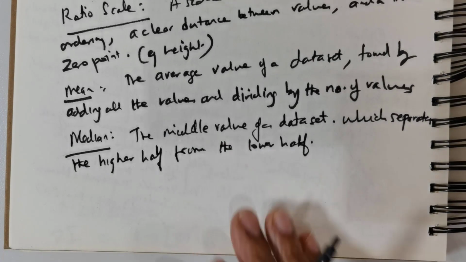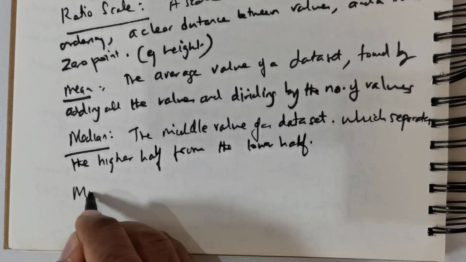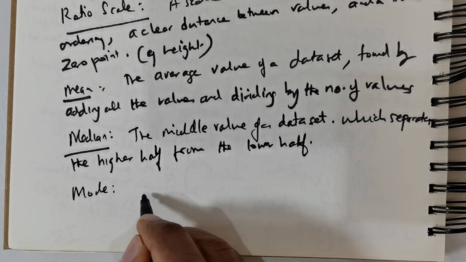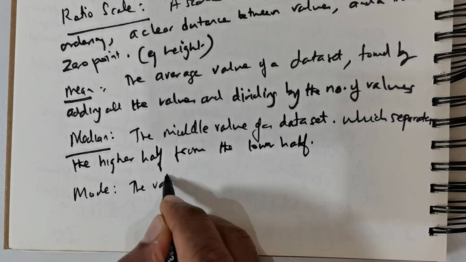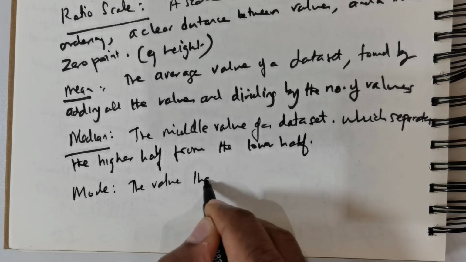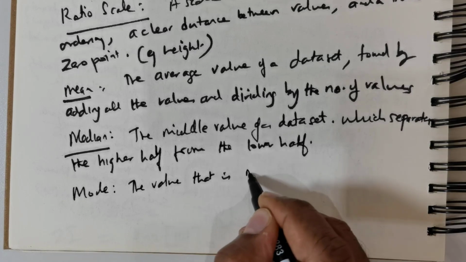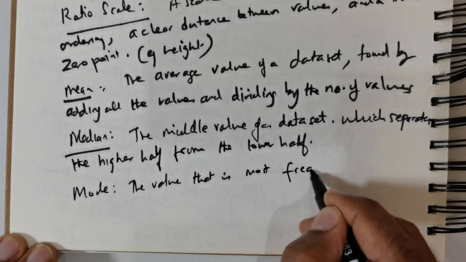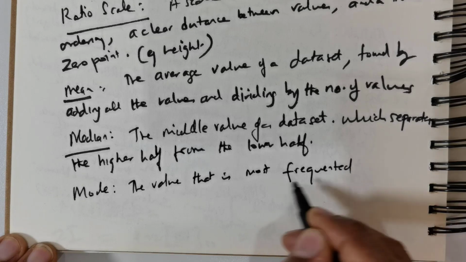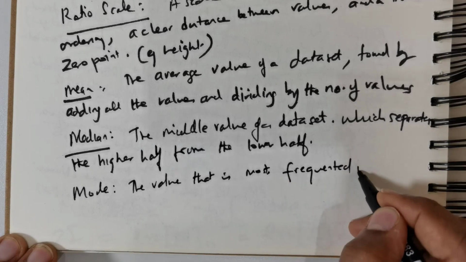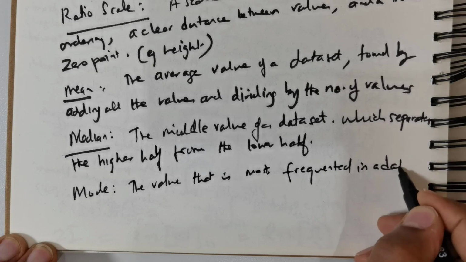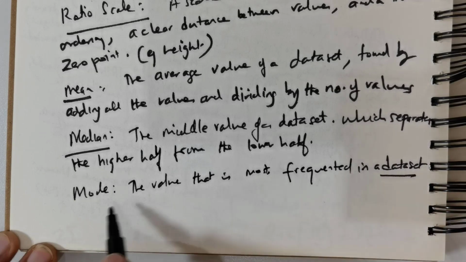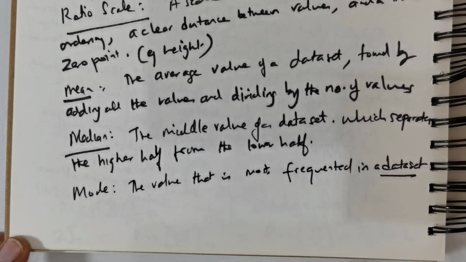Now next comes mode. What is mode? Mode is the value that is most frequent in a data set. So this is the value that occurs most popularly.